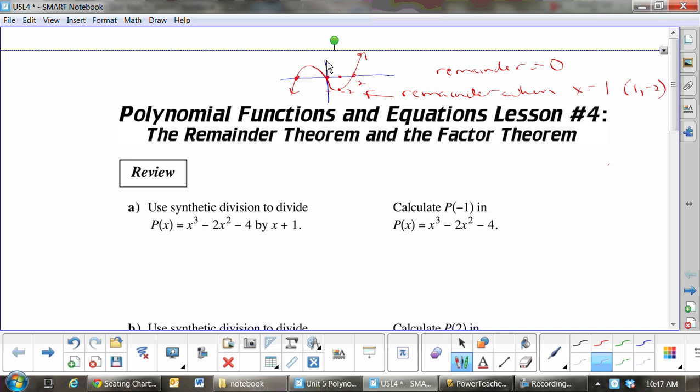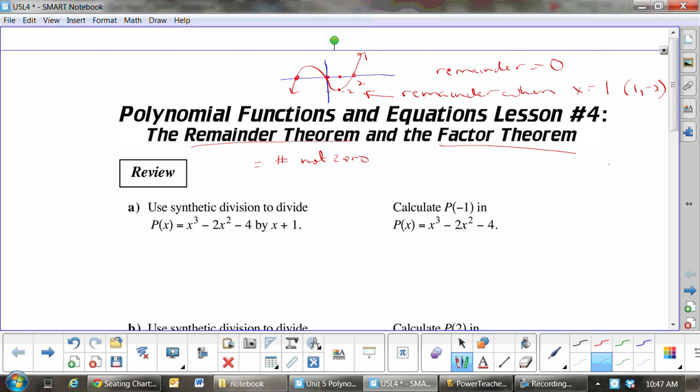The thing that we're always really looking for is what makes the thing equal 0? Because if it equals 0, that's a factor. That's the remainder. So when we see these two theorems, the remainder theorem and the factor theorem, they are the same theorem. The remainder equals a number that is not 0.